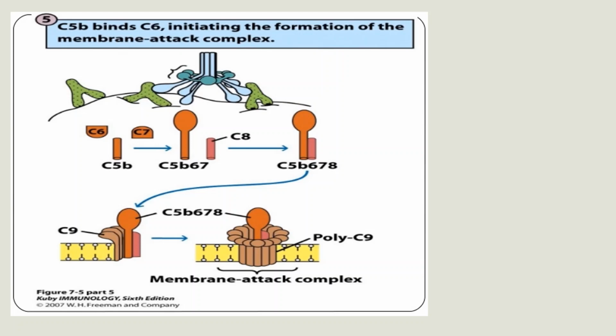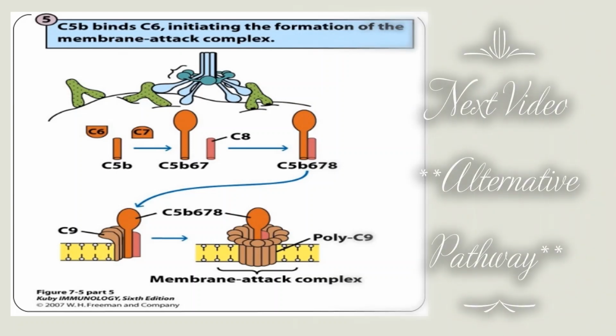C5b will bind with C6, C7, C8 to form a complex that will create a pore of approximately 10 angstrom. The MAC formation will be completed by binding of poly C9 around this C5b678 complex, and that will create a pore size of 70 to 100 angstrom.